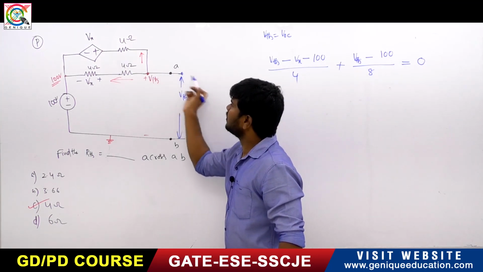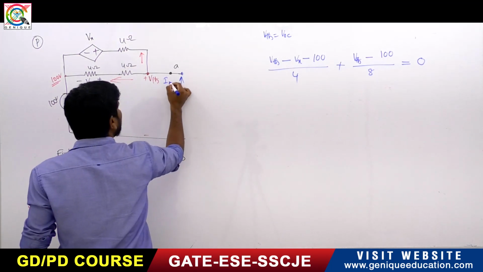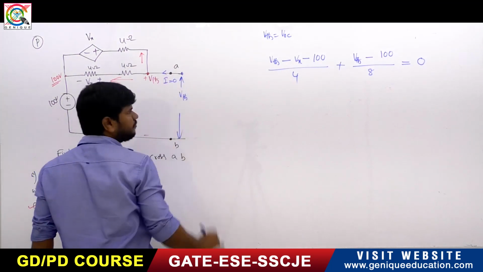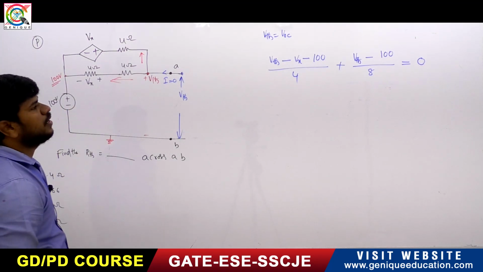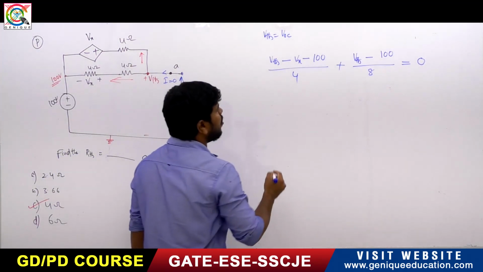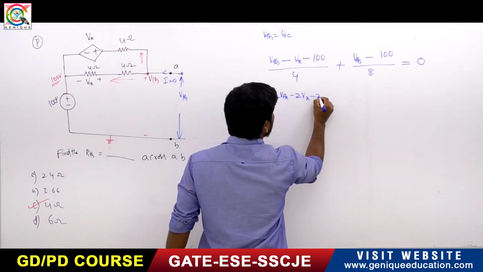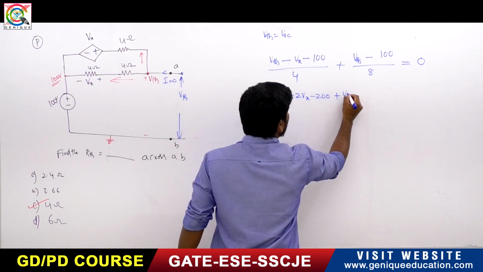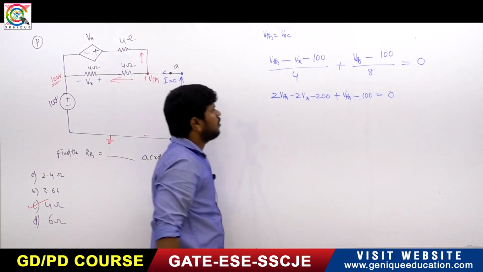What is this current? This current is 0, because it is an open circuit, so I is equal to 0 here. So how much will it be? It is 2VTH minus 2Vx minus 200 plus VTH minus 100 is equal to 0.